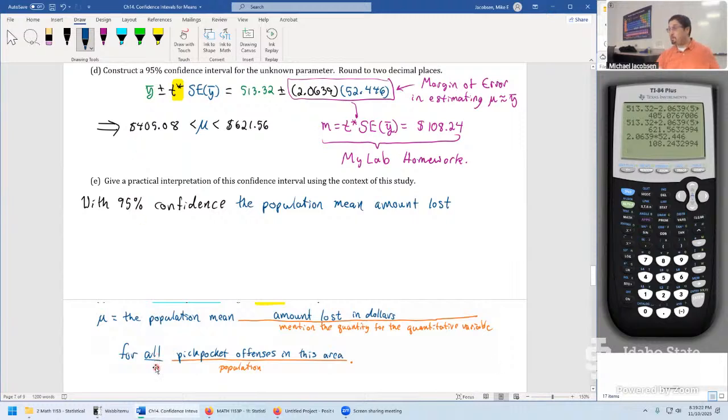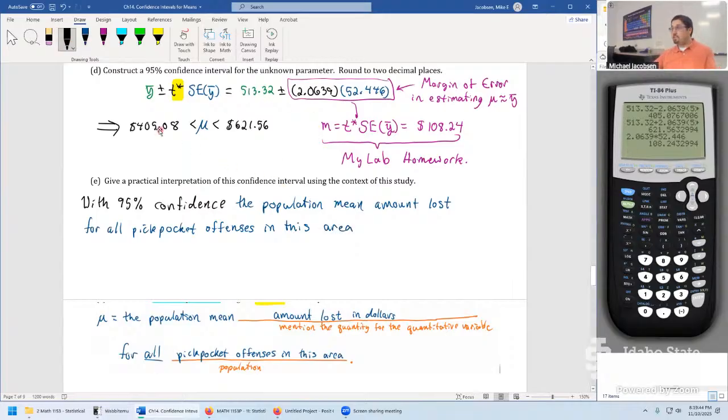Because we're mentioning the population, we should say for all pickpockets or pickpocket offenses in this area.